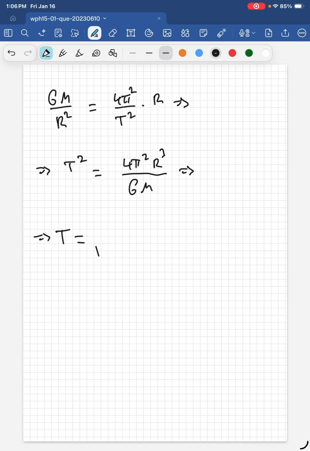So T is the square root of this thing, 4 pi squared r cubed over GM. And if you plug in numbers, you find 2.29 times 10 to the 6 seconds. Okay, and that's the answer.